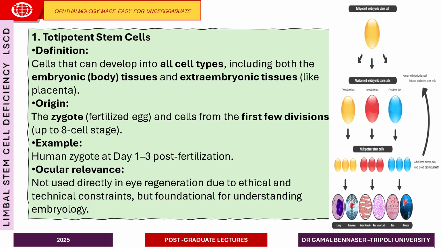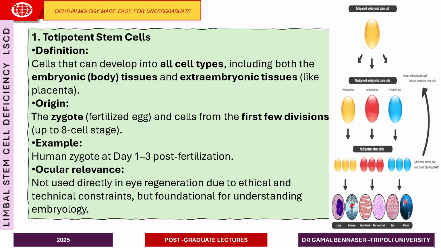Now, since we are speaking about the stem cells, there are certain terminology and definitions we should understand before we dive deeply into the stem cell treatment or the stem cell deficiency. Now, the term known as the totipotent stem cells. What's the meaning of totipotent stem cells?